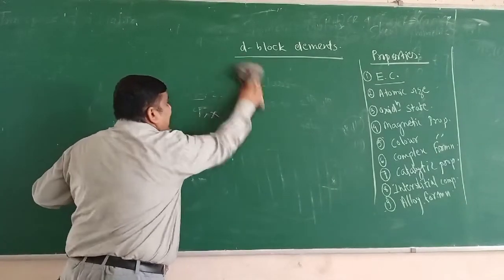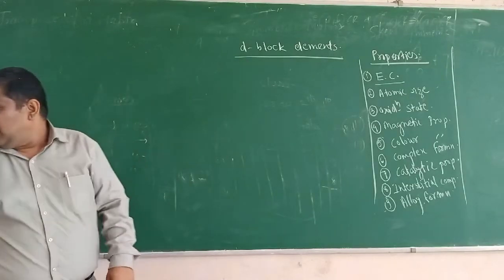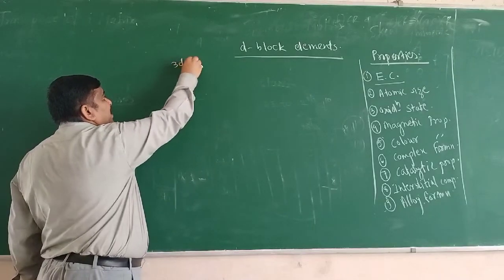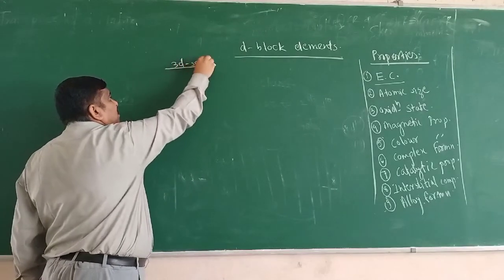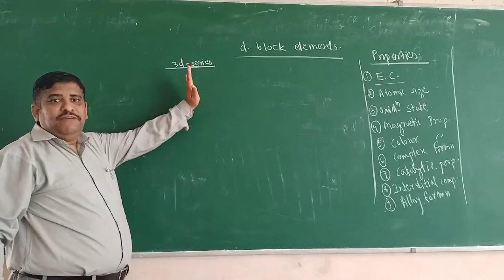Now, what you are going to remember here is the electronic configuration of the d block elements. I told you, you have the 3d series elements. My dear students, you have to remember the 3d series elements.